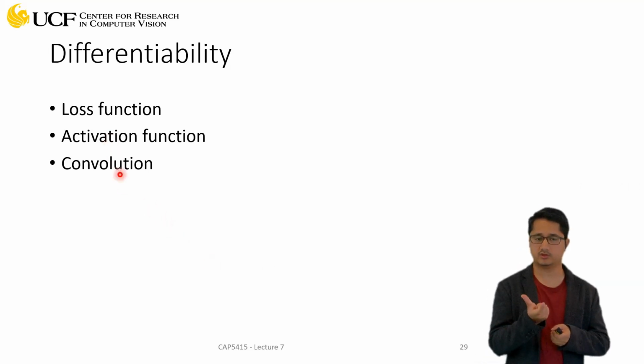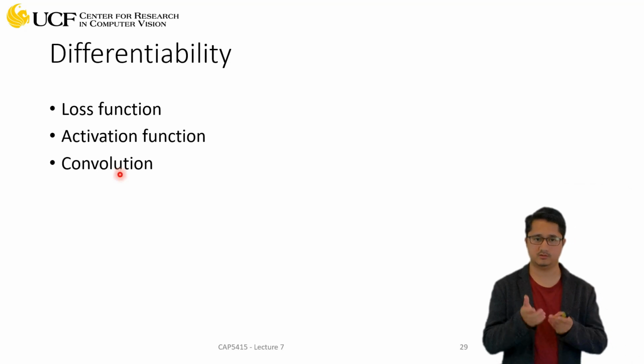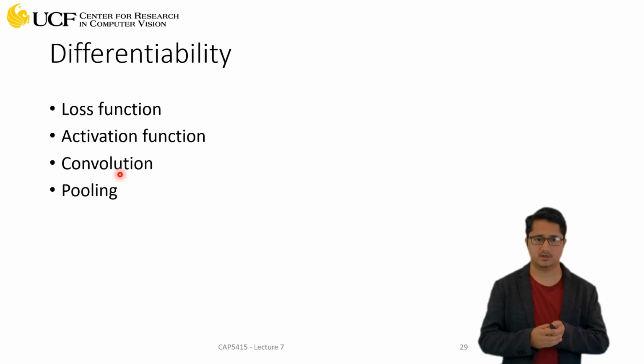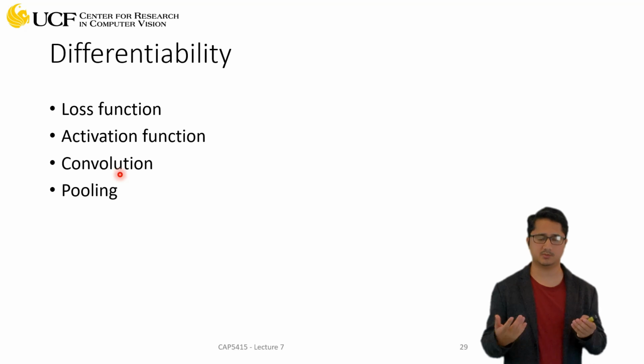You are using the convolution or correlation operation when moving from layer to layer using that filtering operation, so that operation should be differentiable, and we know that convolution or correlation is differentiable. It's just a linear combination of those pixel values. Any other operation you are performing inside your network, for example pooling, should be differentiable. We know that max pooling is differentiable.